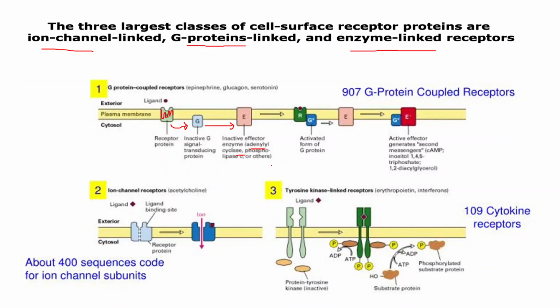After activating the effector molecule, it will generate the secondary messenger, that is cyclic AMP, inositol 3 phosphate, or DAG, the diacylglycerol molecule. Here this ligand is called a primary messenger because it starts the signal cascade.